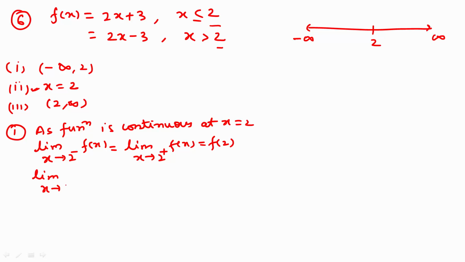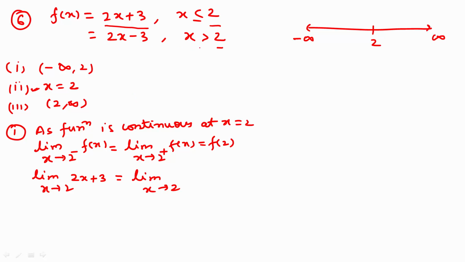Limit x tends to 2 minus means that the value of x is less than 2. When the value of x is less than 2, we will take this function 2x plus 3, is equal to limit x tends to 2 plus, which means that the value of x is greater than 2.